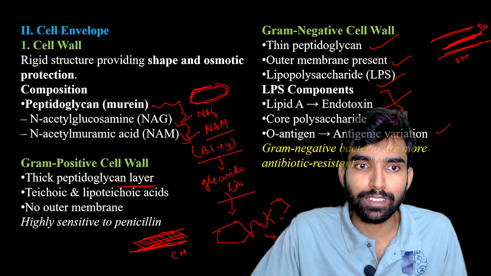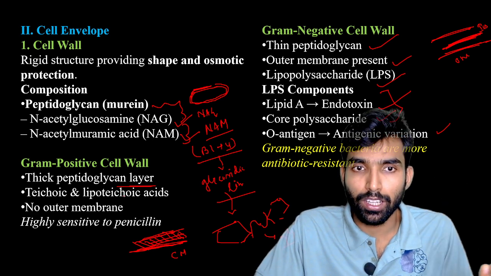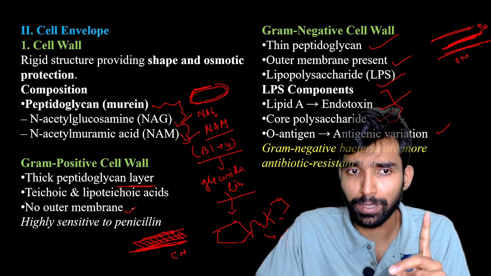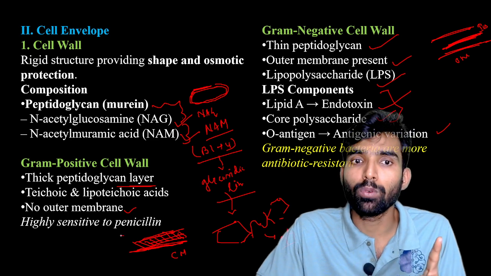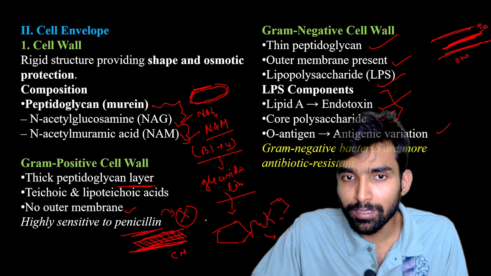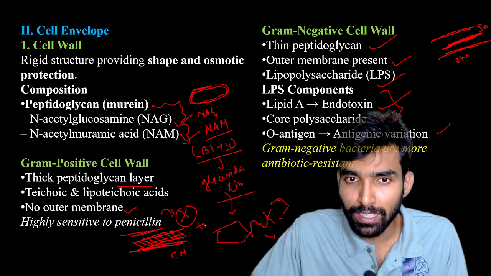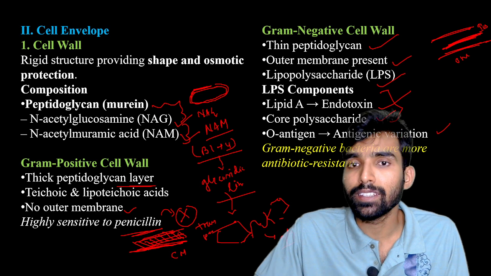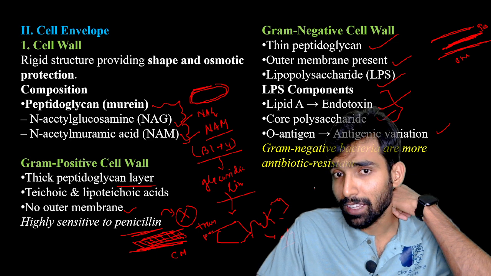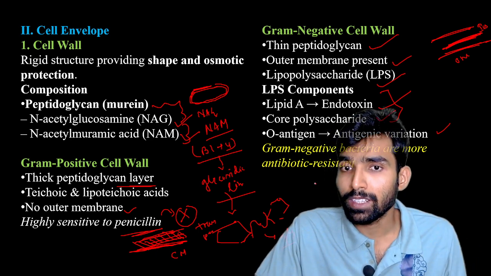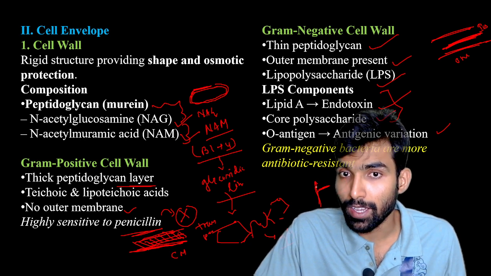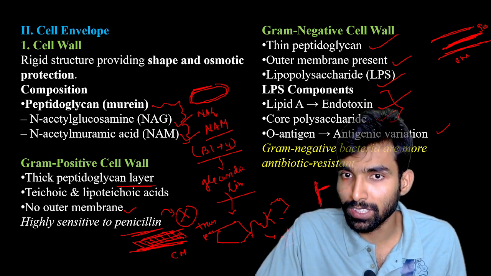Next, gram positive bacteria have teichoic acid and lipoteichoic acid. They don't have an outer membrane, only one membrane. Gram positive bacteria are more sensitive to penicillin. Penicillin inhibits transpeptidation. In peptidoglycan synthesis, there are 5 amino acids, so there is a carbohydrate chain with a peptide, and another carbohydrate chain with a peptide.